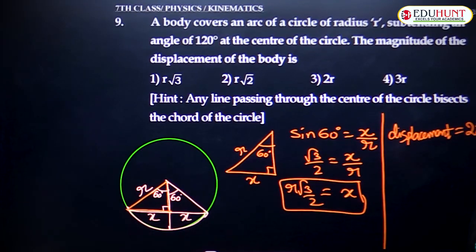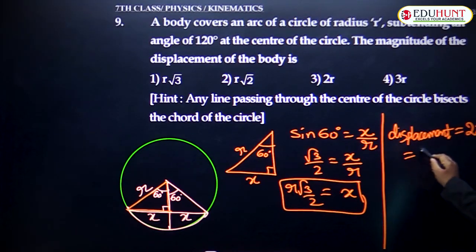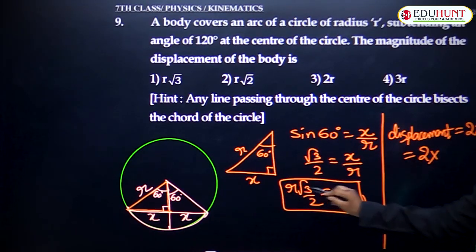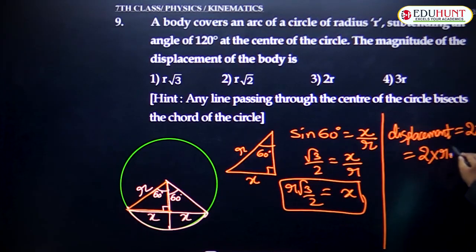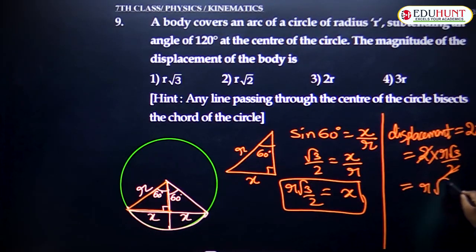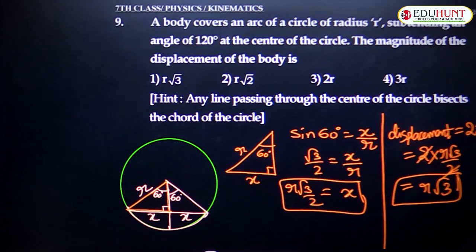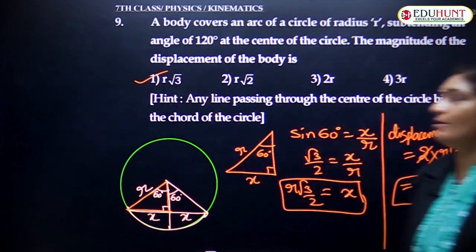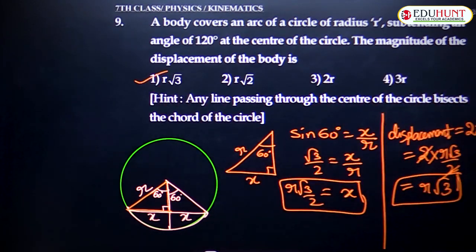Displacement is how much, children? 2x. So this is nothing but 2 times x, which is r root 3 by 2. 2 and 2 get cancelled. Hence, the value of displacement would be r root 3. What is the value of displacement? r root 3. Hence, the correct option would be the first one.